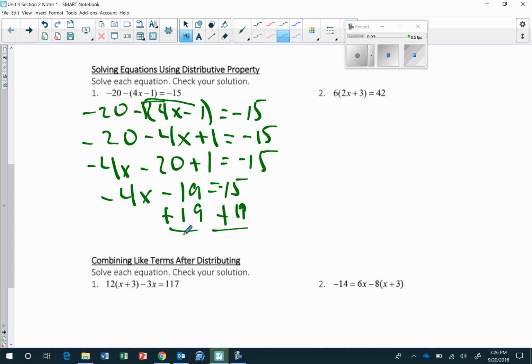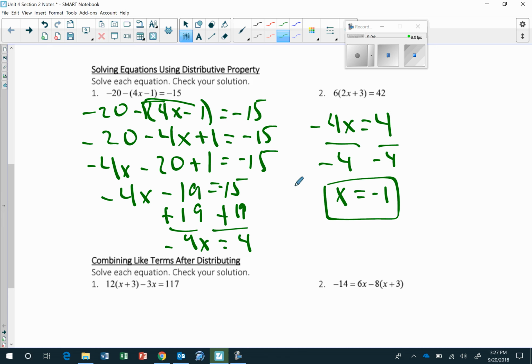And I will wind up with negative 4x equals positive 4. I'm going to rewrite that over here just so I have some more room. Negative 4x equals positive 4. I'm going to divide by negative 4 on both sides. So I'll get x equals negative 1. So make sure you have that down.